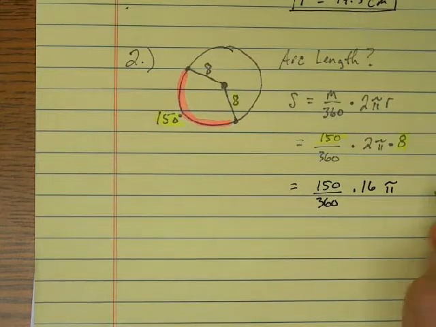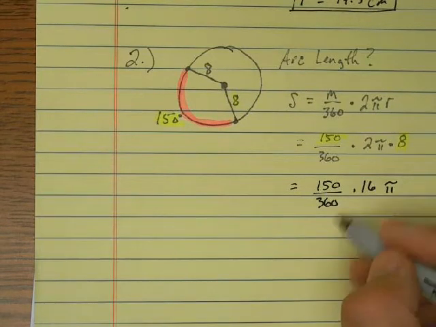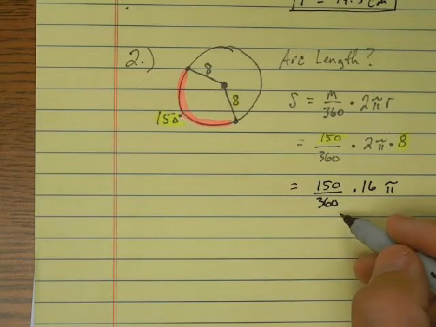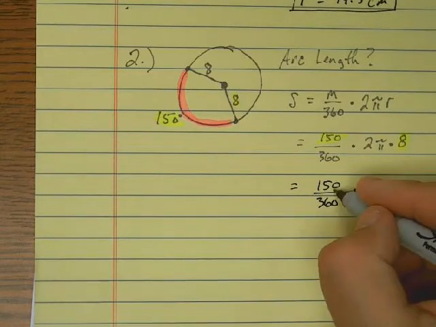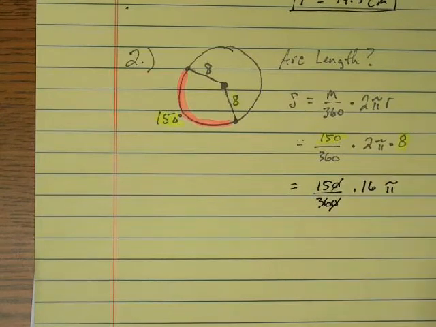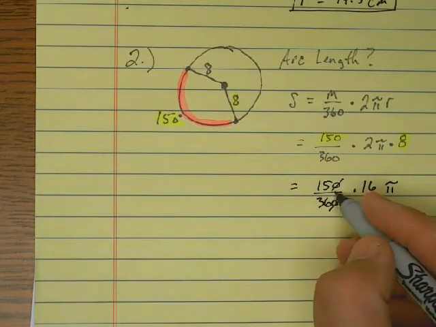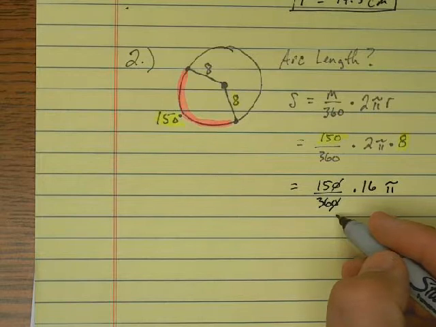Some of you might prefer just to multiply across and then reduce. I personally like to reduce first and then multiply. And that's literally just a preference is all it is. So when I reduce first, I'm going to divide by 10. So now I have 15 over 36. 150 divided by 10 is 15. 360 divided by 10 is 36.